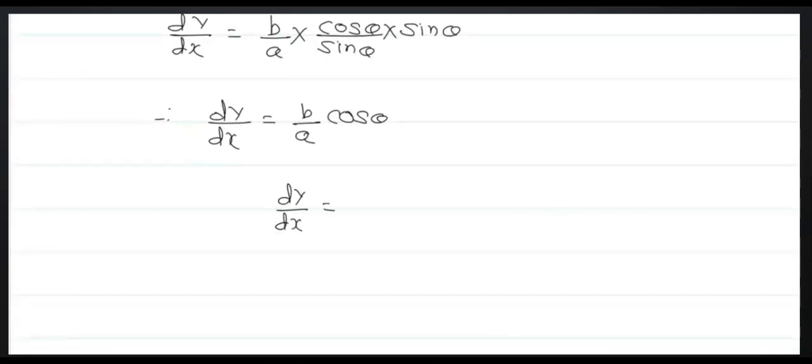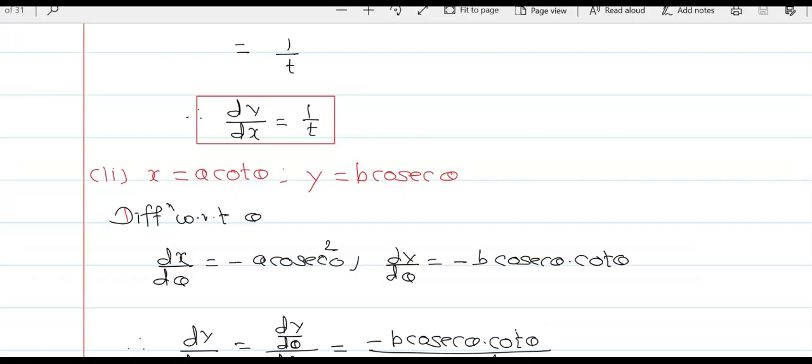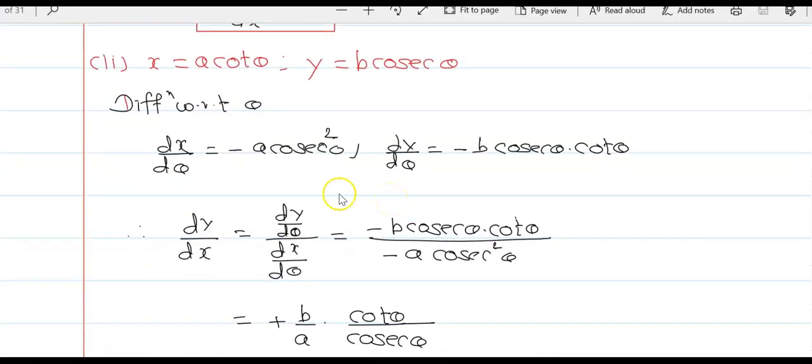Now the next is, see this again here. These are the derivatives of x and y, and I have taken their ratio.